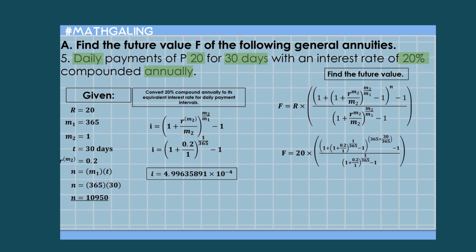So it is now 20 times 1 plus 0.2 over 1 raised to the power of 1 over 365 minus 1, raised to the power of 365 times 30, over 365 minus 1, over 1 plus 0.2 over 1 raised to the power of 1 over 365 minus 1. So the answer is 604 and 0.367171.